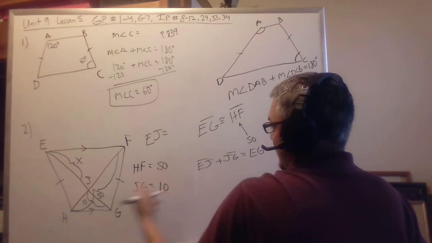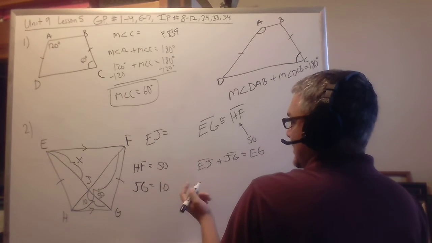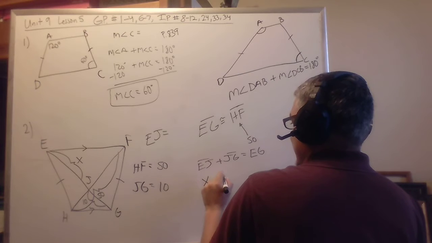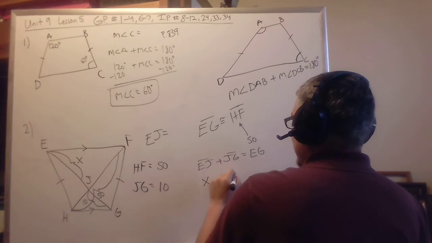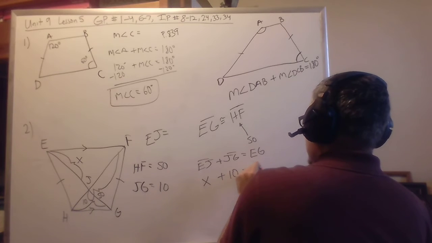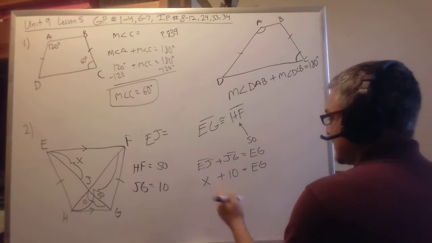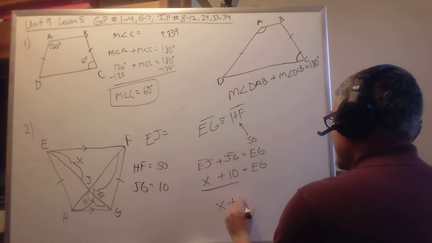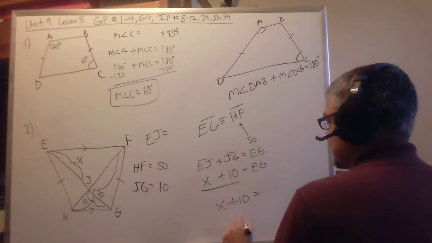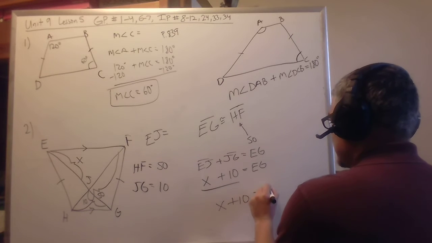I labeled it right here. Okay, so EJ is X, we don't know what that is, and JG, it was given that it's 10. So that's going to equal EG. We have this expression, X plus 10. So we're going to have X plus 10, because that's what EG is, equal to HF, which is 50.